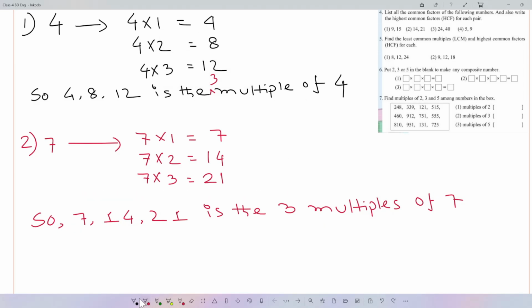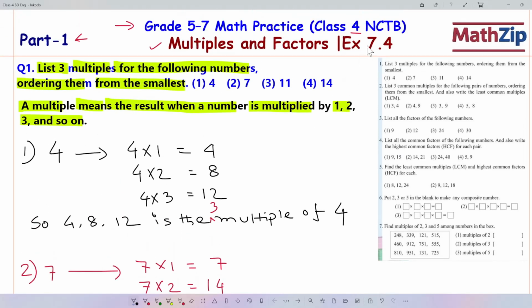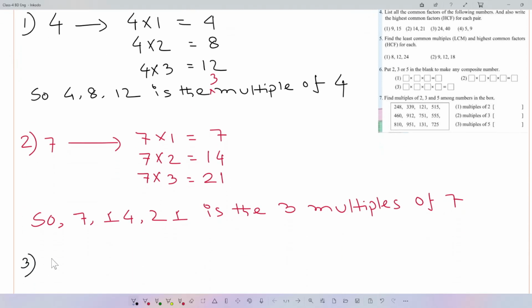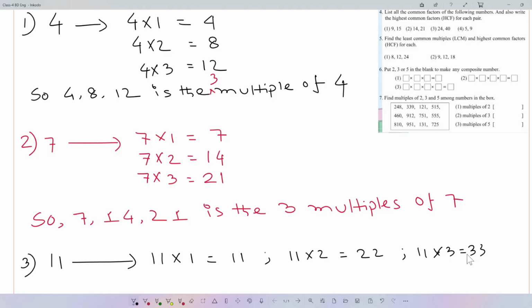Okay, next number 3, which is 11. 11 times 1 will be 11, then 11 times 2 equals 22, then 11 times 3 equals 33. It can be changed; if you want, you can multiply by 3, 4, 5, 6 and so on.